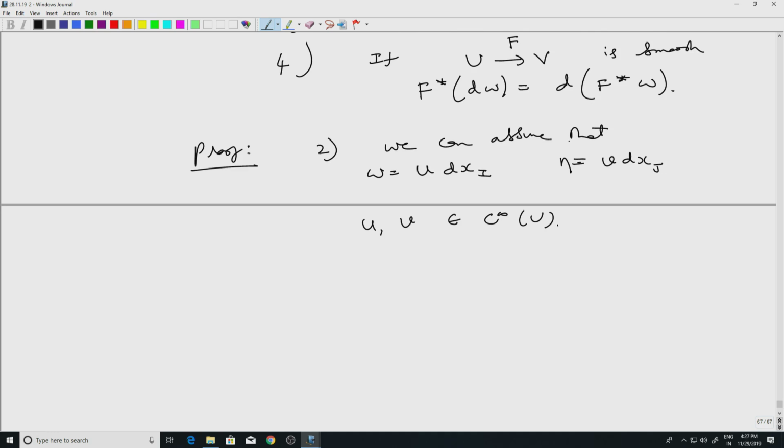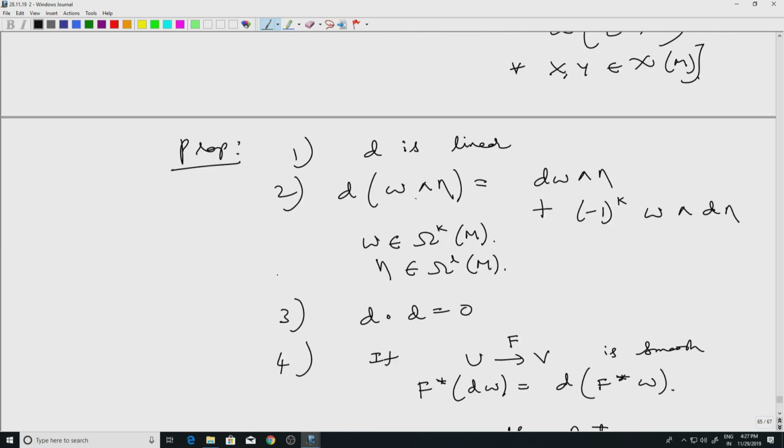And the reason we can do that is we can just expand both omega and eta in terms of the basis of the space of k forms and l forms, and we can do that on the left hand side and right hand side.